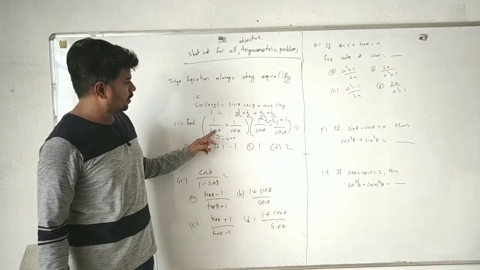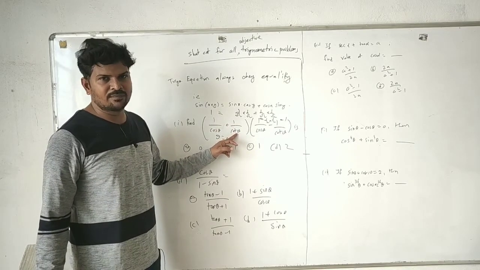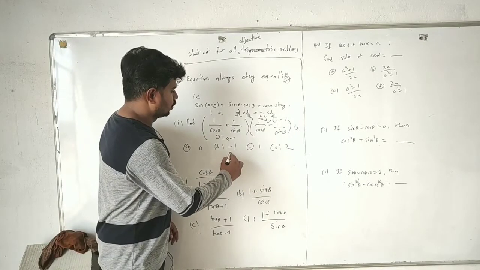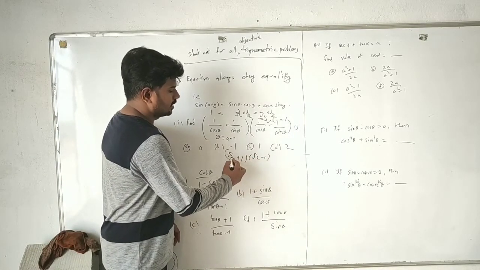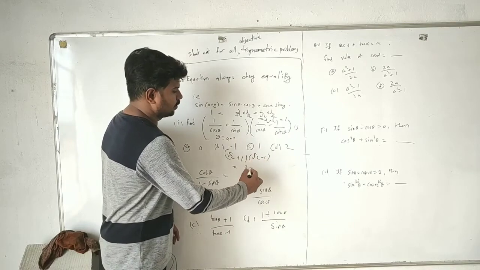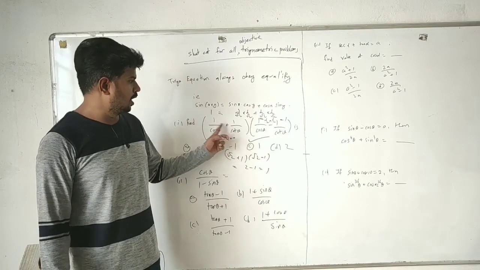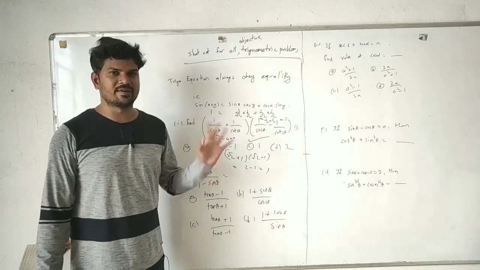What happens here? 1 by cos 45 degrees is root 2, plus 1 by cot 45, cot 45 is 1, so 1. Like this, it becomes root 2 plus 1 into root 2 minus 1. This is a plus b into a minus b, a square minus b square, that is 2 minus 1, the answer is 1. So no need to do all this calculation, because LHS is equal to RHS, this has to obey for any theta value.